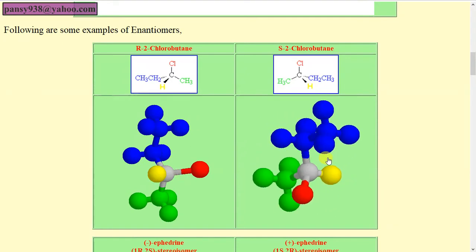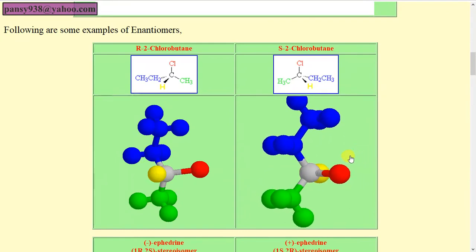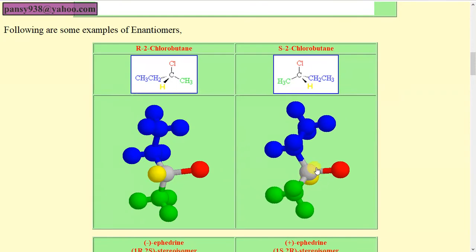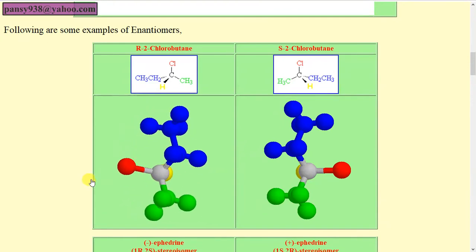Similarly, in this case, when you rotate the hydrogen to the backside like this one, you will observe that in this case both are mirror images of each other.